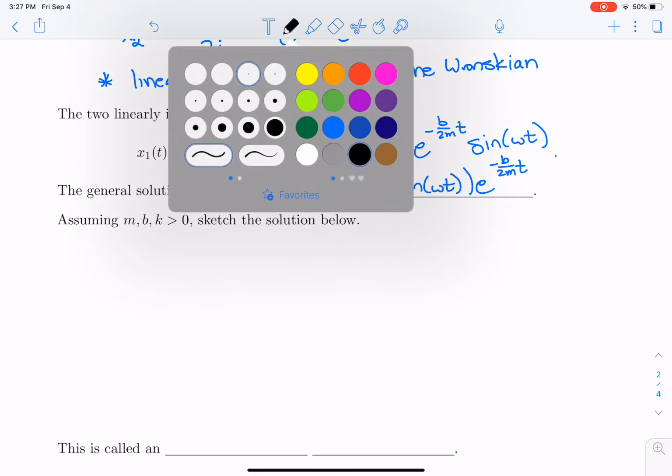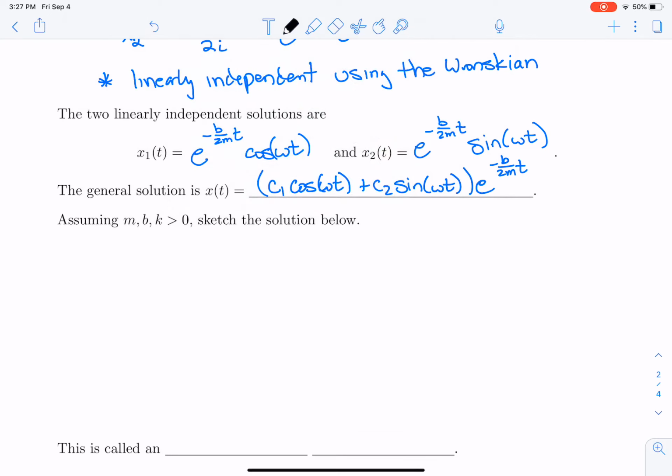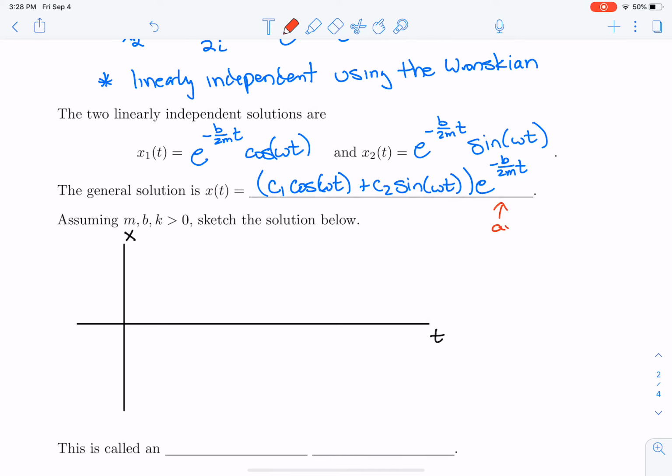So let's look at what this solution might look like. What I have here is a C1 cosine of omega t plus C2 sine of omega t. And that we know is going to just be an oscillation with a frequency of omega. But I have this e to the negative b over 2m t. This we can think of as being like the amplitude.